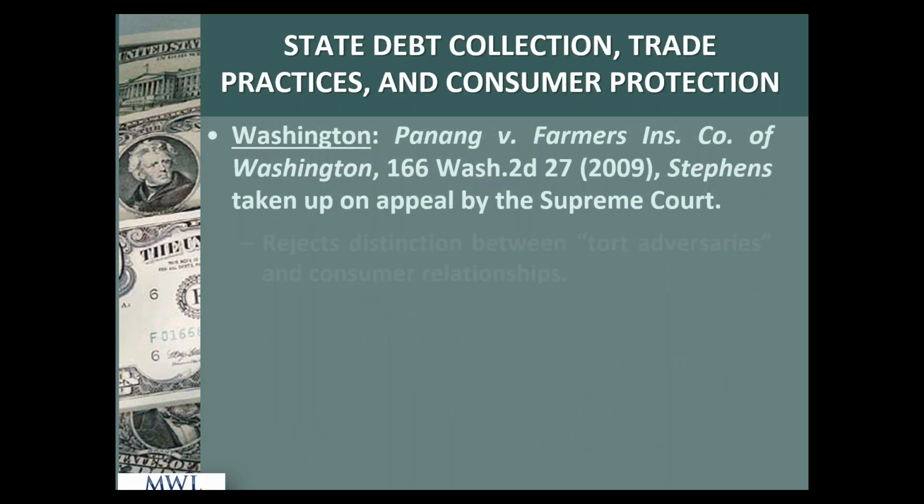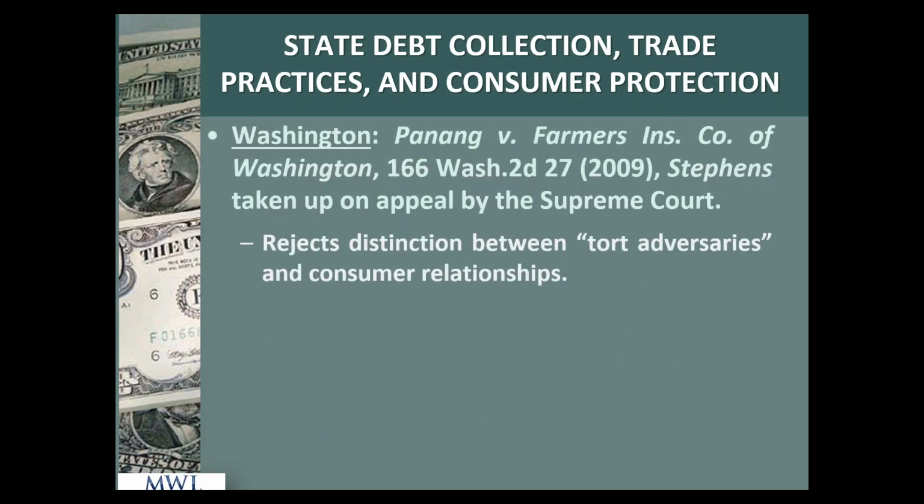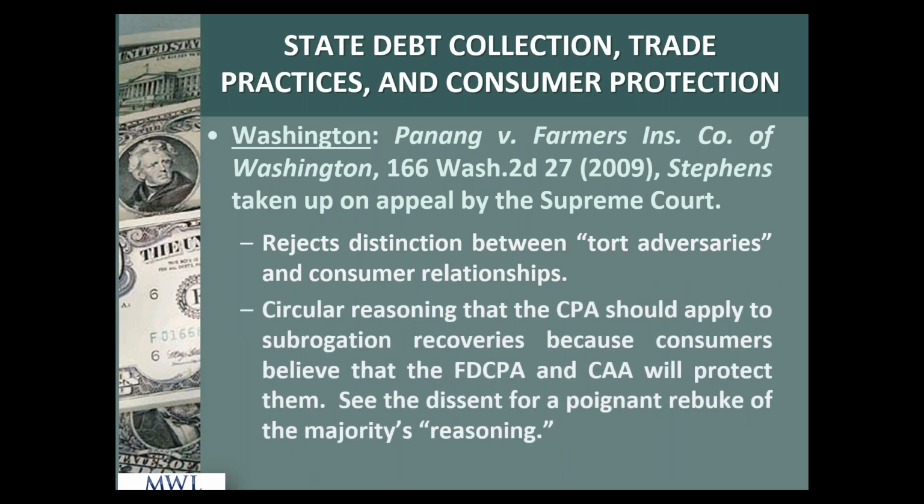So this went up to appeal to the Washington Supreme Court, and on appeal there was some argument that you should be able to have a certain level of different kind of communications if you're talking about a tort adversary, essentially the third party exception, and you can't treat them like consumers or general debtors.